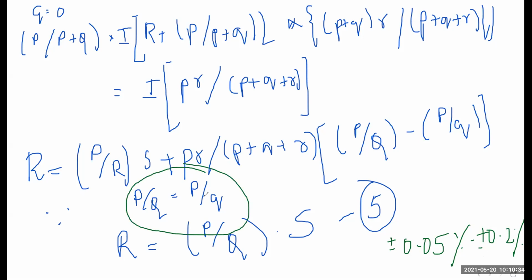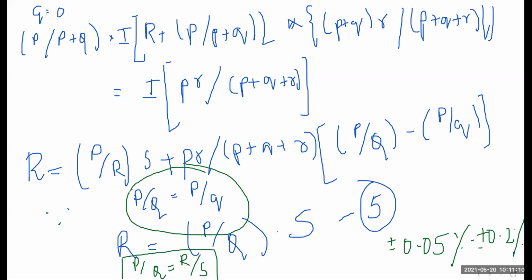And another is R equals P upon Q multiplied by S. From this equation we can again write P by Q is equal to R by S. These are the derivations we can obtain from the above equation. Now we can do a problem.